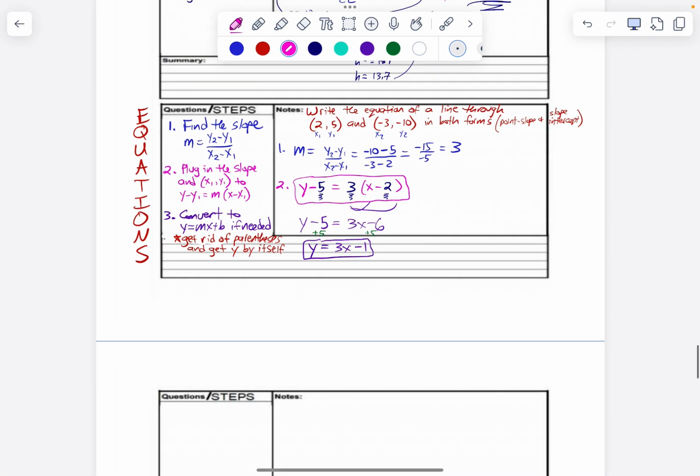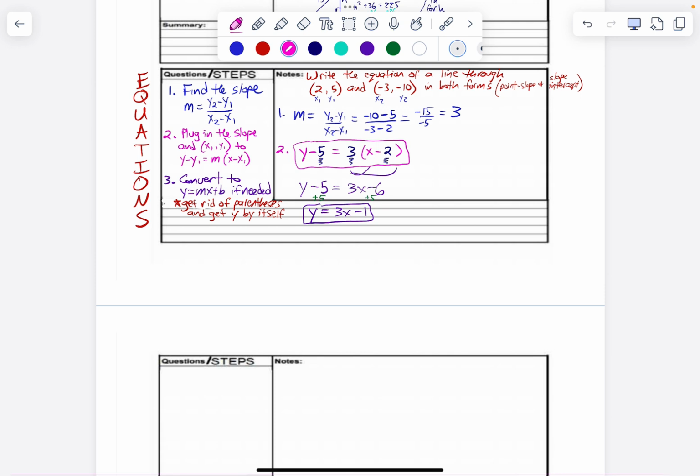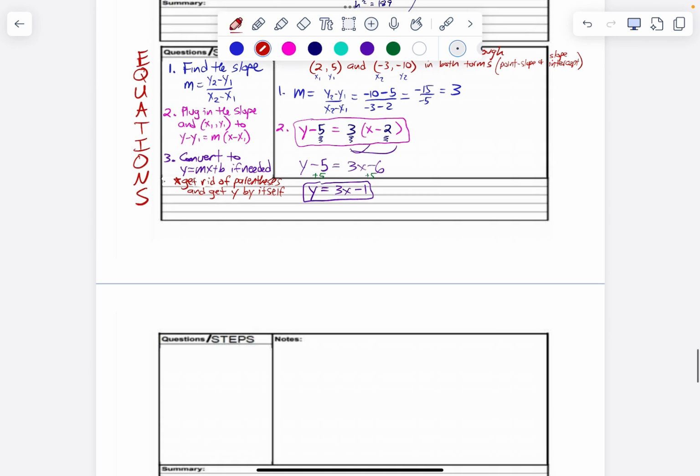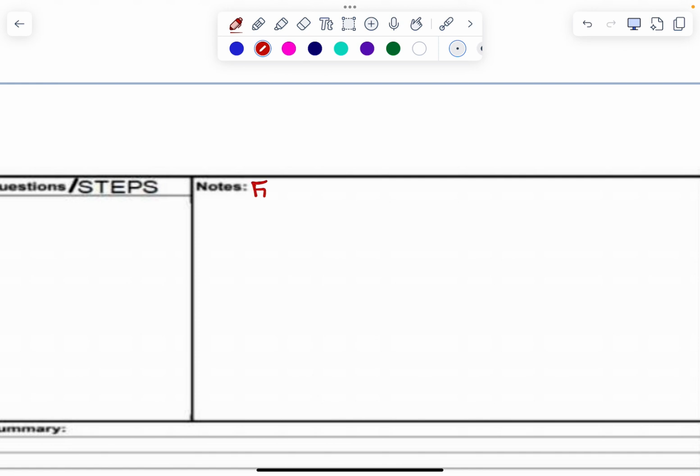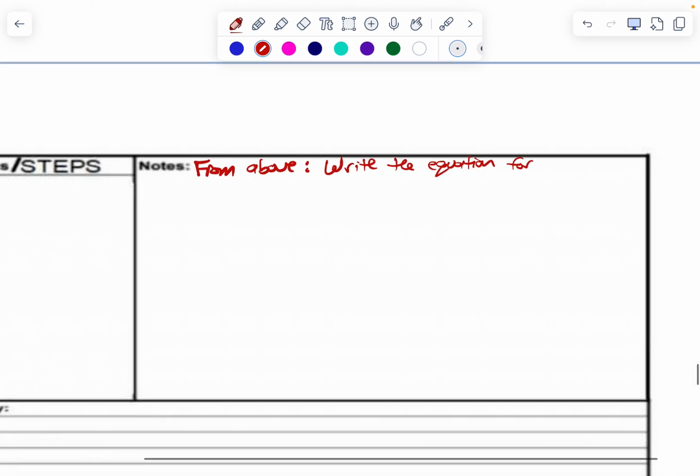So I'm going to continue this example. That way we don't have to start over. And let's do a parallel one. I think we'll squeeze 2 into this box. So first we'll do the parallel and then the perpendicular. Write the equation for a line.